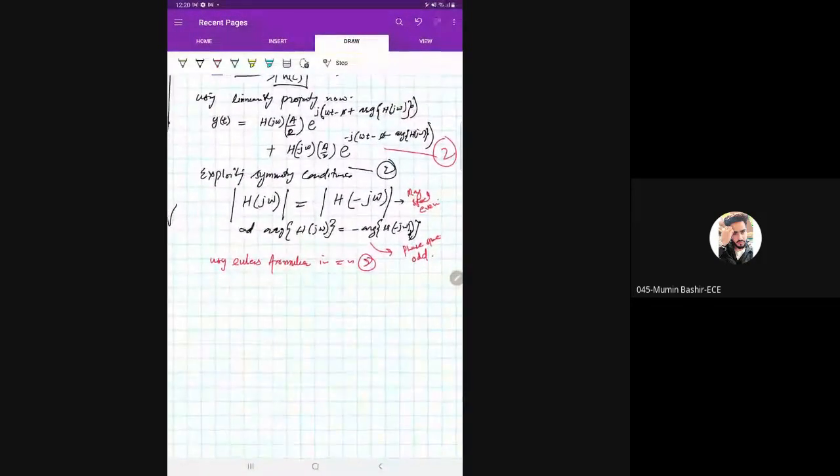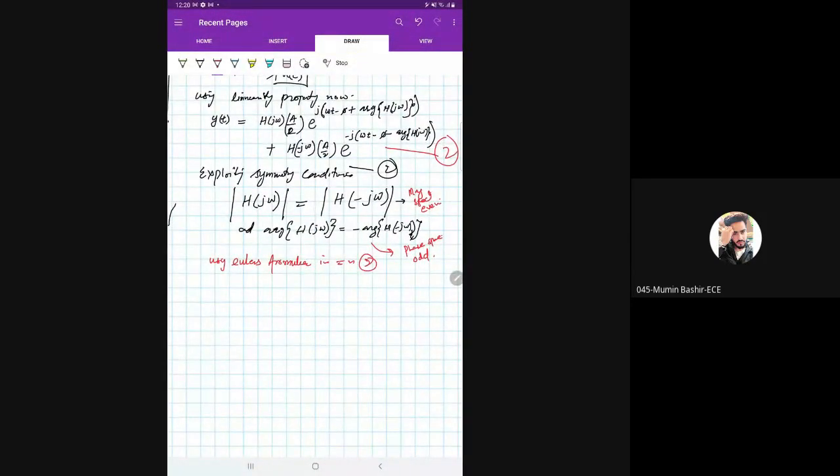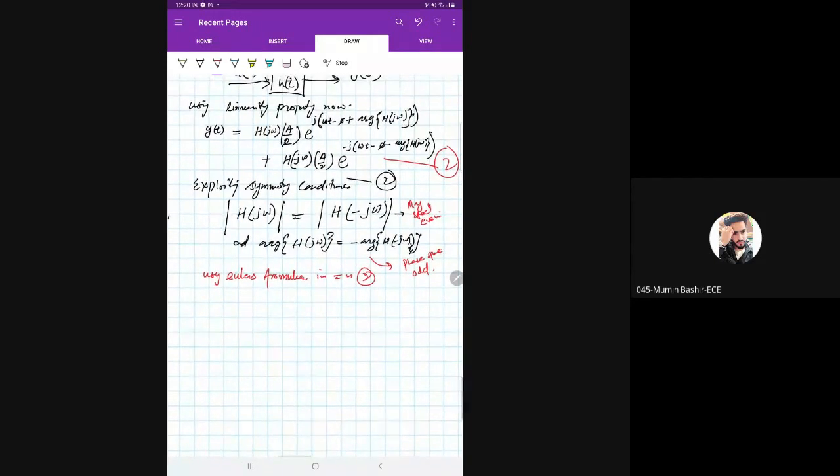If we use Euler's formula to change the exponential terms back into cos form, then we will have y of t. The first term will be H of j omega, because that is common to both. H of j omega is here and here in equation 2. It can be taken common, because of even symmetry we have concluded that H of j omega is equal to H of minus j omega.